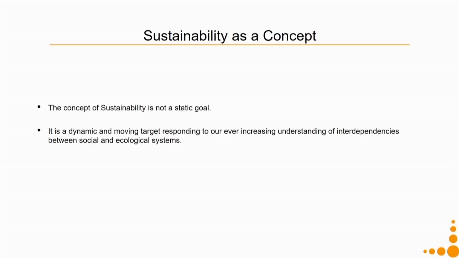So, the concept of sustainability is not a static goal, it is dynamic and it keeps on moving its target, responding to our ever increasing understanding of interdependencies between social and ecological systems.